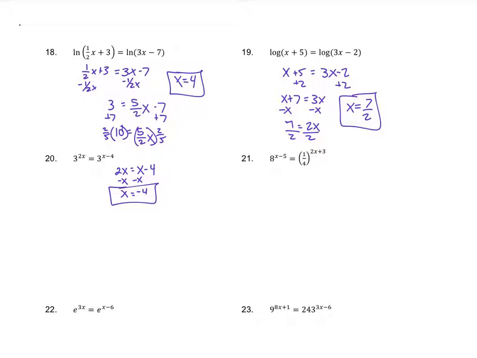Number 21, we need to get them the same, so 8 is going to be 2 to the 3rd power. Remember 1/4 equals 1 over 2 squared. We want to move that up, so that equals 2 to the -2 power.